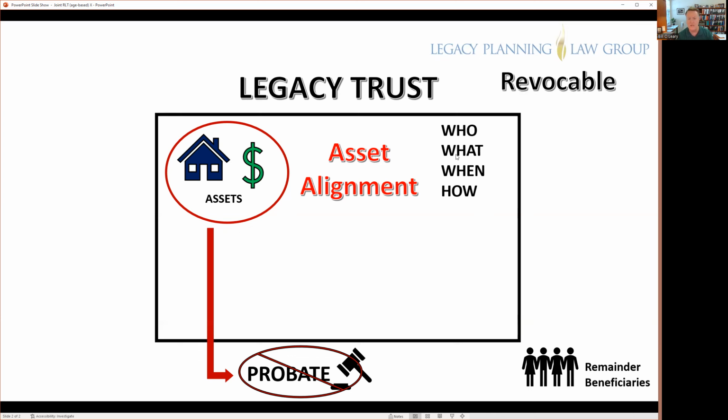One other point on this. Up till now, we've talked about 3 of these 4 questions. Who gets your stuff? The kids. What they get, the assets that are aligned correctly with the right help. When would be at the second death in this situation with a couple. Now the how question, to me, it is as important as the first 3.